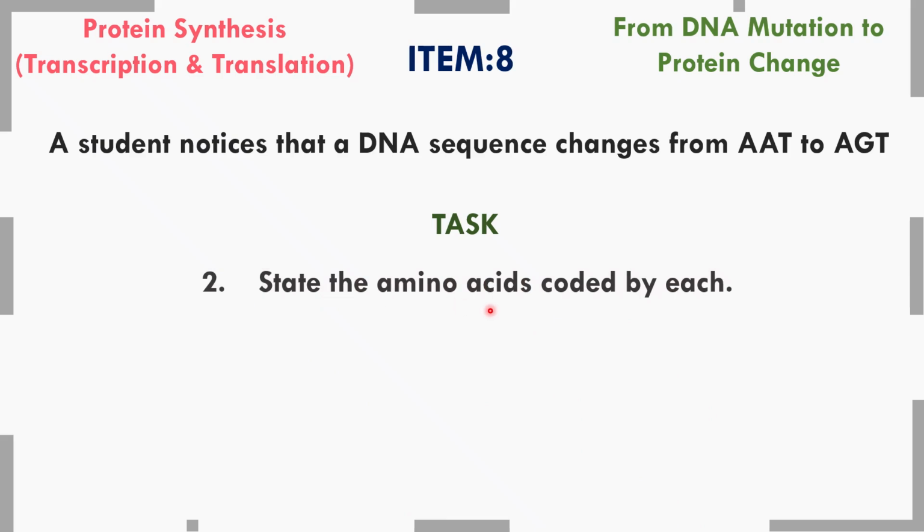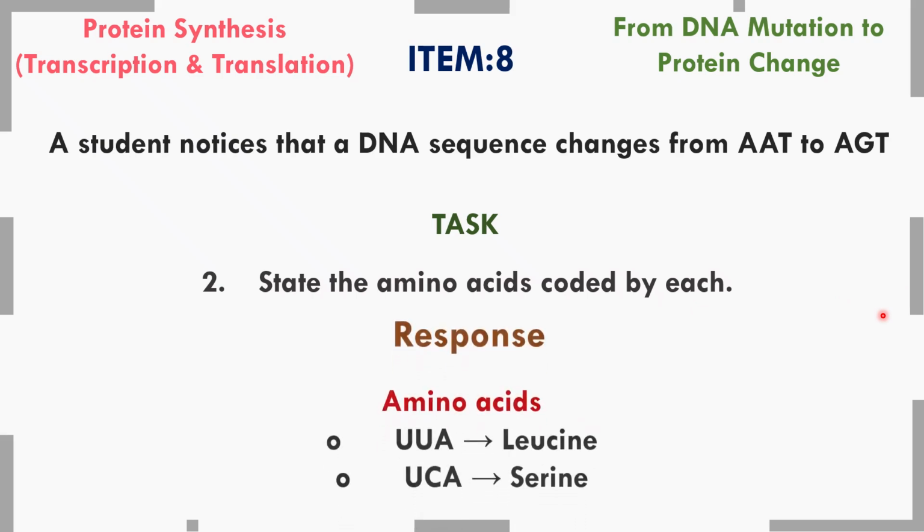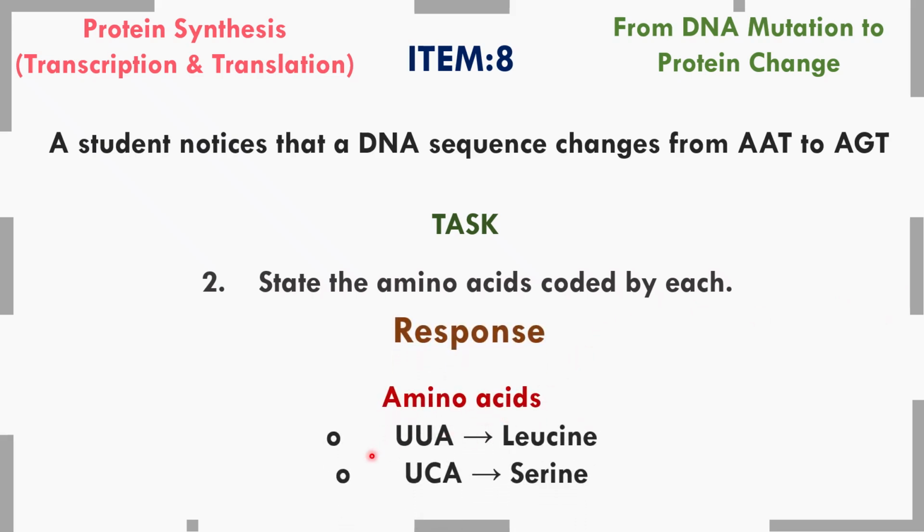State the amino acid coded by each. UUA gives the amino acid leucine. UCA codes for the amino acid serine.